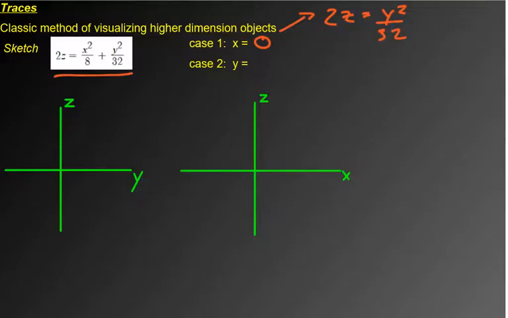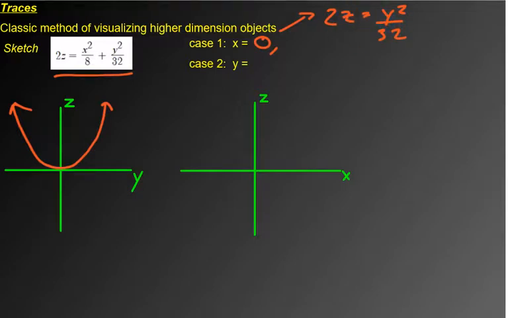This one is just going to open like a normal parabola would, but on the zy plane. So that one is just going to be something like this, because it has no shift in this parabola up or down.